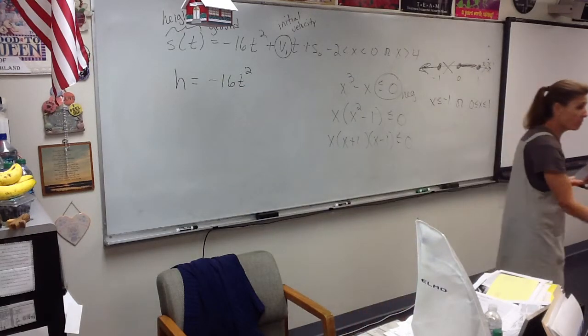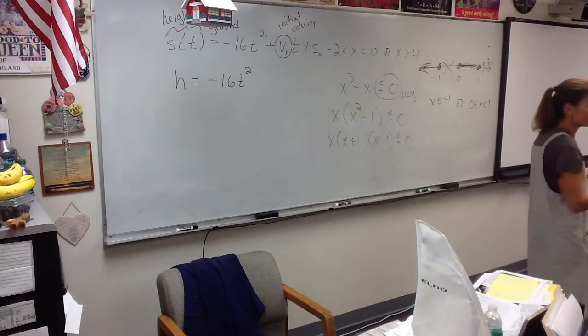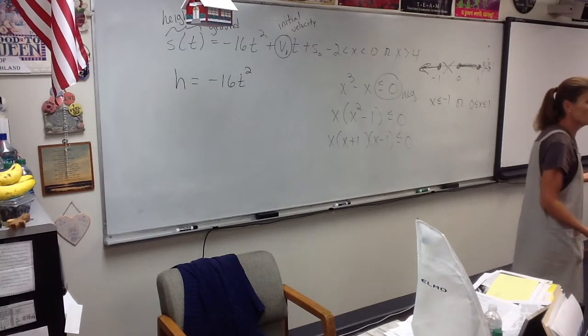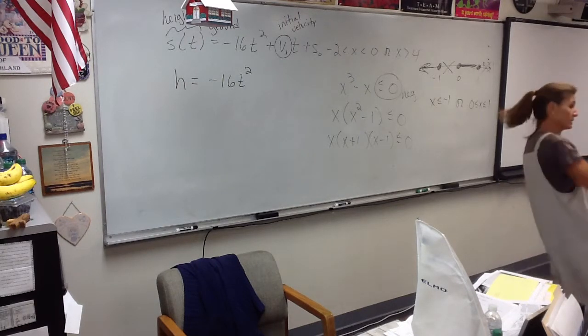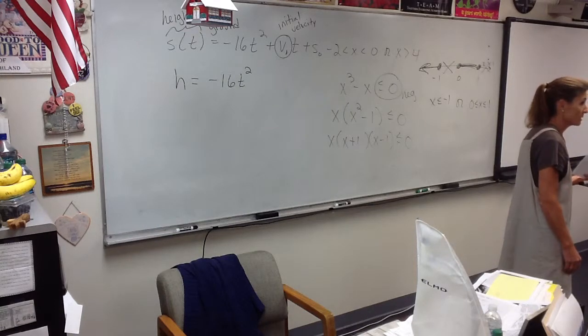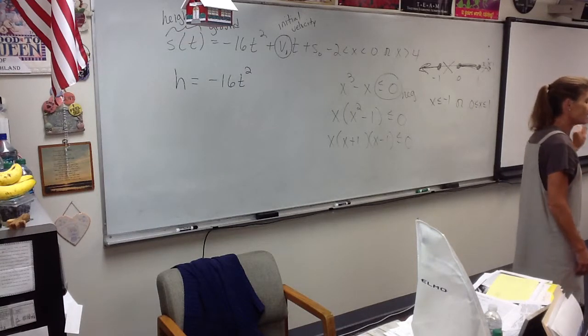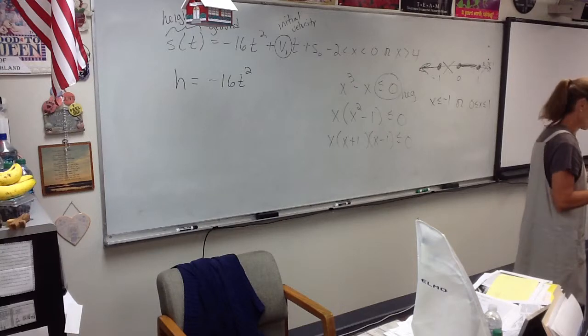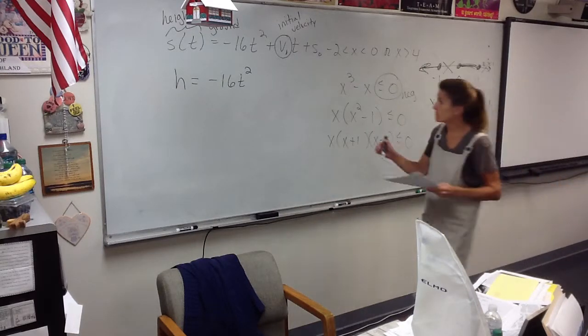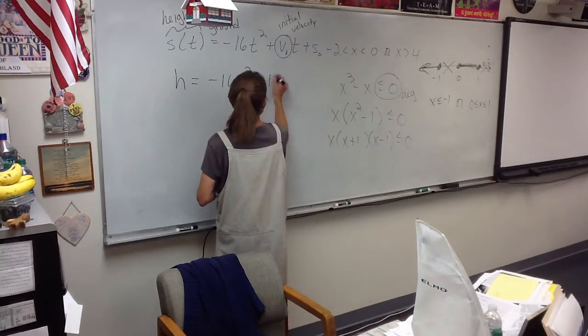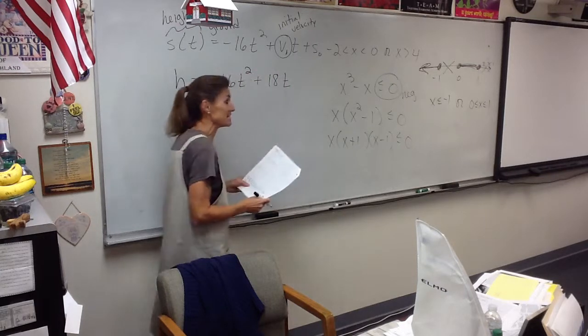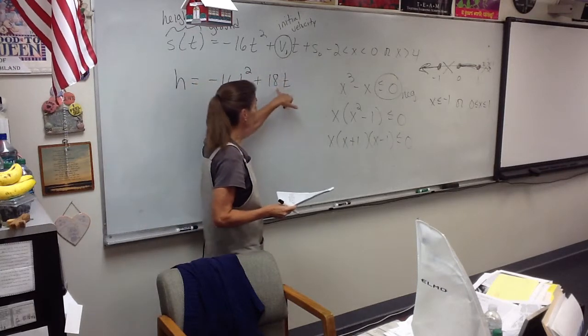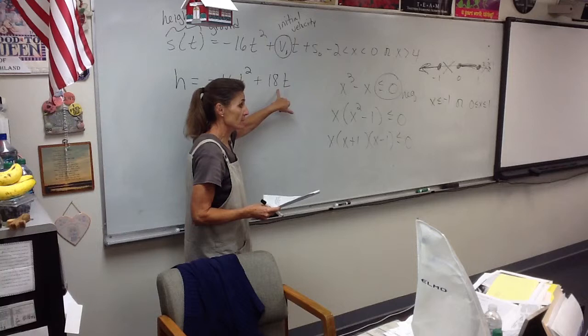So if I took a ball and lobbed it up into the air, that would be a slower velocity than if I took it and really winged it, right? Now what is the velocity in this problem? 18 feet per second. So we're just going to put an 18 there. So that's 18t. You have to be able to plug the numbers in the right spots.